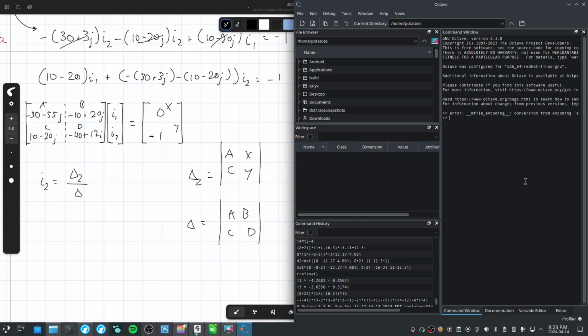So all you do is you put in, what's that? So D is going to be the determinant of this thing here, which is going to be minus 30 minus 5.5i, minus 10 plus 20i, 10 minus 20i, minus 40 plus 17i.